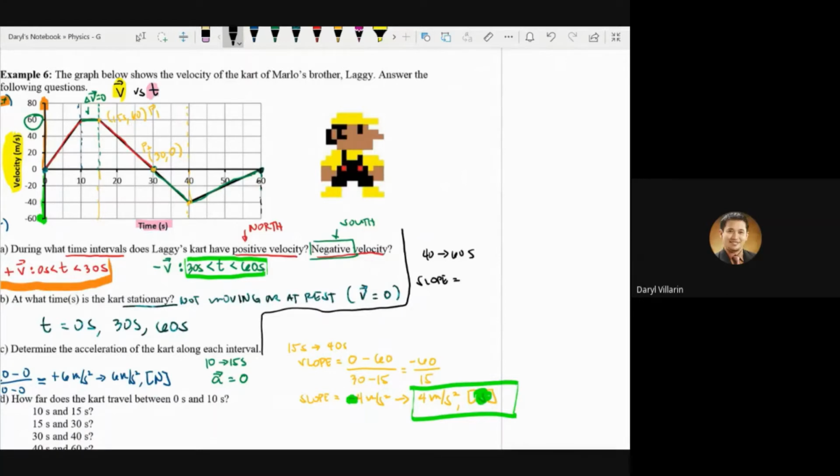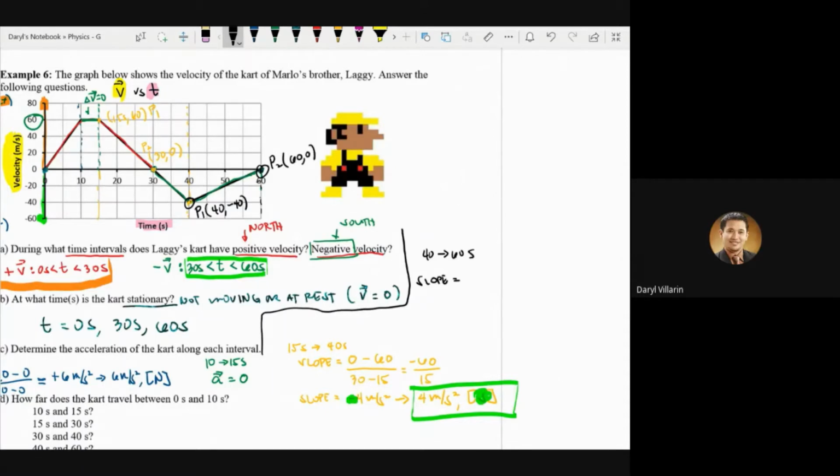So I can use this one as my P1, so that is 40 and negative 40. This one here is my P2, which is 60 and 0.